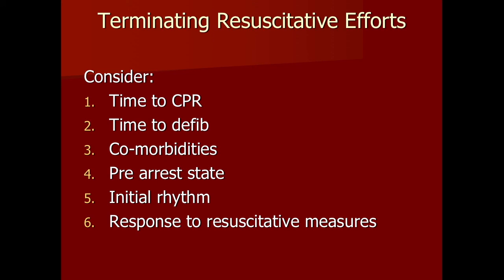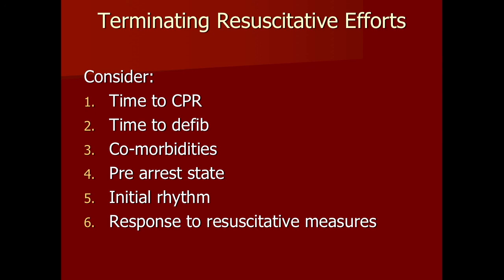Let's talk about terminating resuscitative efforts, which comes up a lot when running a code. Certain things that you should consider is the time to CPR. How long was the patient down? Was this a witnessed or unwitnessed arrest? How long did it take if the patient was in VFib? How long was the time to defib the patient? What kind of comorbidities does the patient have?